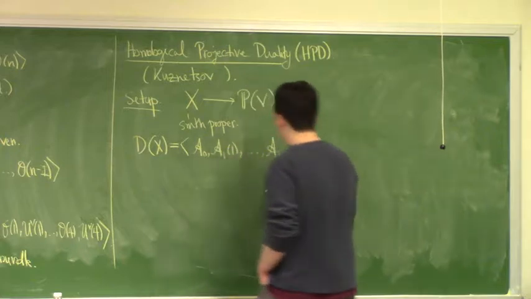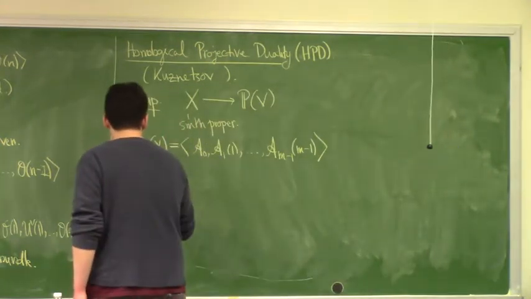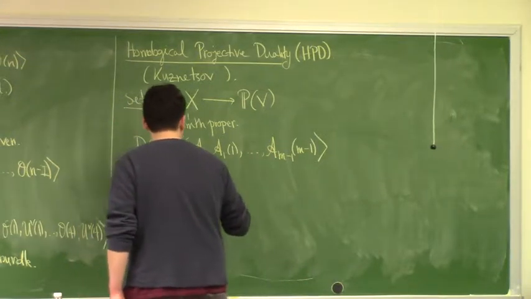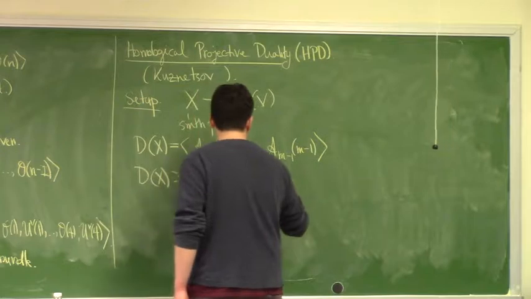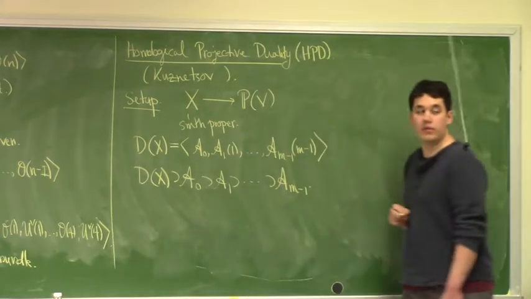So here, what are these categories A_i? They should form a decreasing sequence of full triangulated subcategories inside of D(X).